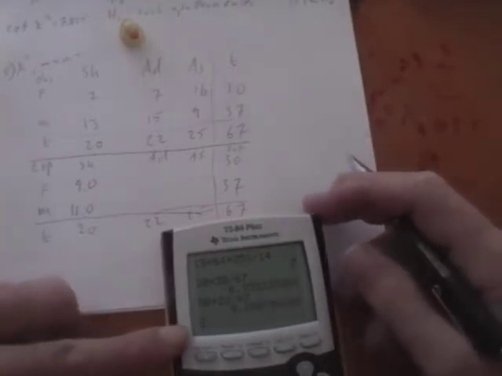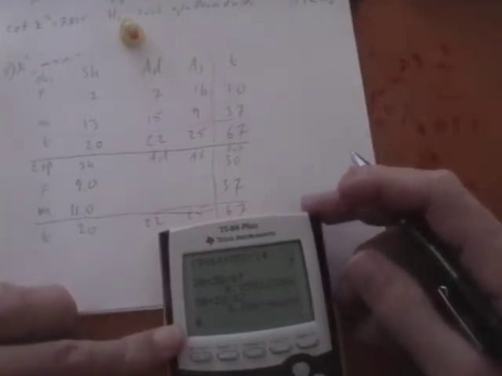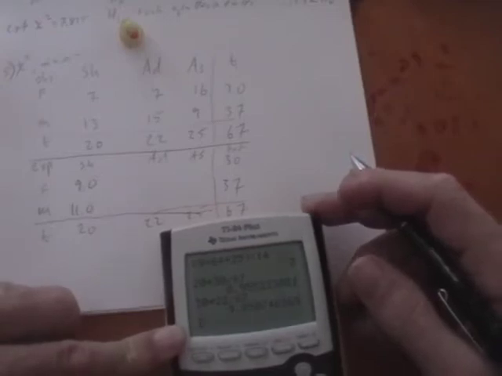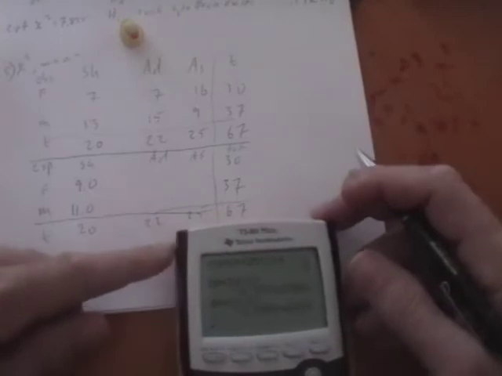So let's try it. 30 times 22 divided by 67 is, now that's going to be 9.9, we'll call it. So this should be 12.1.